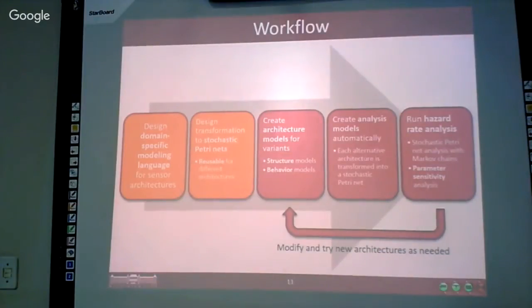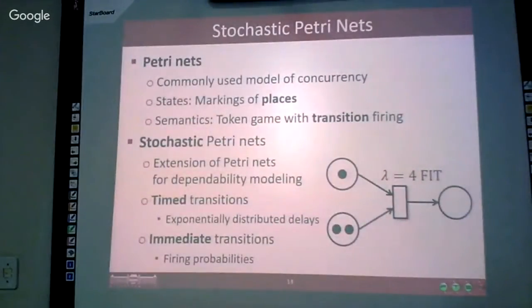And this way, we could evaluate a huge number of architecture models and different versions of this system, and we could evaluate which one to use. Actually, for the analysis, we used the stochastic Petri net formalism. Have you ever heard about Petri nets?